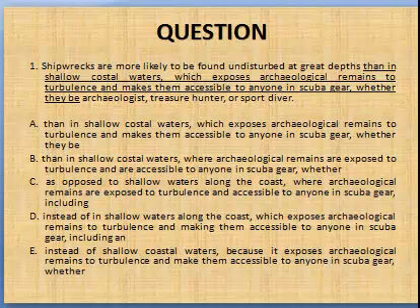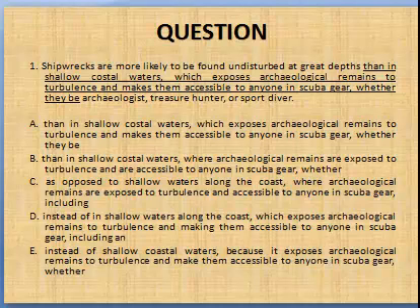It says it's likely to be found undisturbed at greater depth than in shallow coast waters. So something is compared with greater depth. The comparison seems better with "than in shallow coast waters", because we are not comparing coast, we are comparing great depth versus shallow depth. So instead of shallow coast water makes more sense.